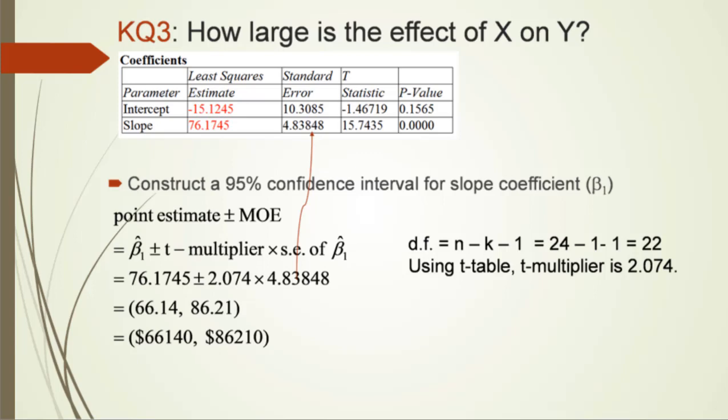It's 2.074. The effect of x on y is estimated to be between 66.14 and 86.21 at a 95% confidence level. This can be again converted to $66,000 and $86,000 for each 1,000 square footage increase in the size of the house.